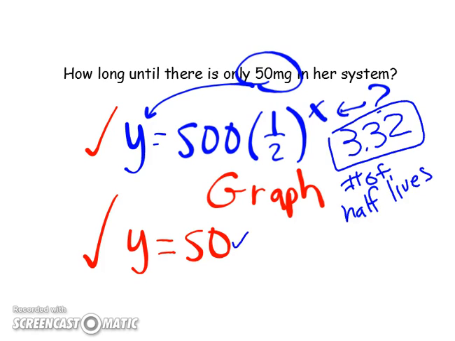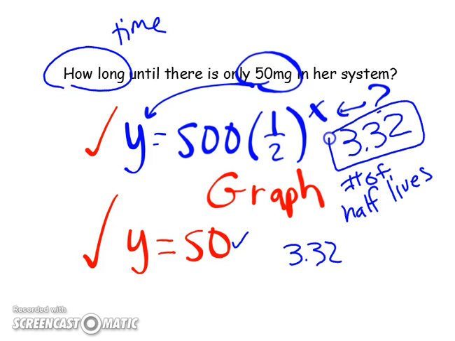We want to know how long, so we're obviously asking for time. Every half-life is 3 hours, and we have 3.32 half-lives. So we're going to do 3.32 times 3 hours, 9.96. So about 10 hours would be our answer.